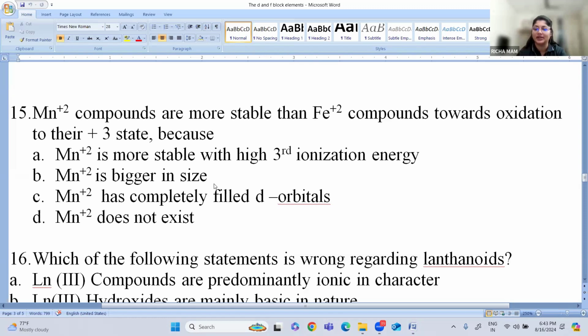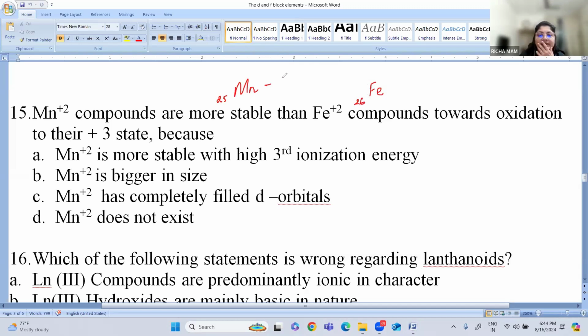When we see Mn, try figuring it out. I'll write it here. The atomic number of Mn is 25, and Fe is 26.